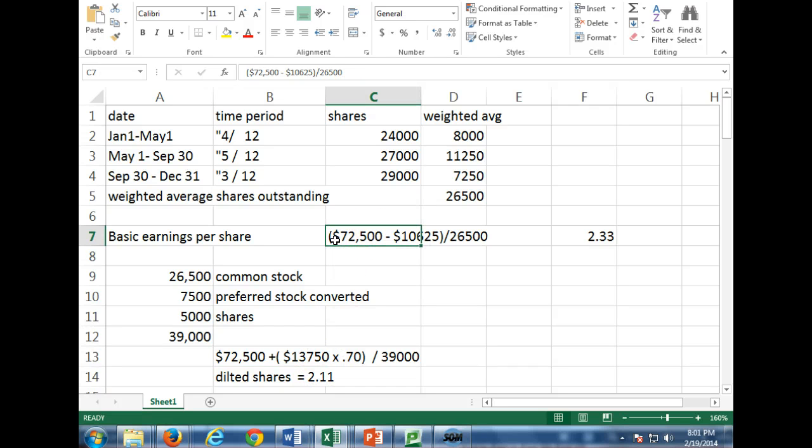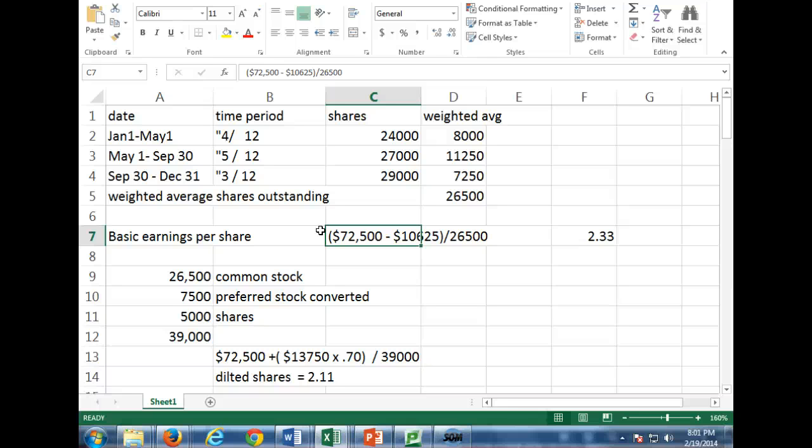So guys, basically what's happening here, I just needed to think a minute. When we have those bonds, we're paying out that money to the bondholders, aren't we? So our earnings of $72,500 include those bonds we're paying out, right? Does that make sense? But if we convert those, we're not paying those bonds anymore, are we? So that's why we're adding back that money. You guys get what I'm trying to say to you?